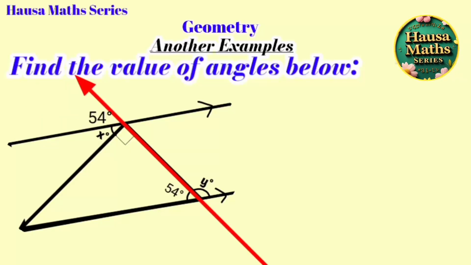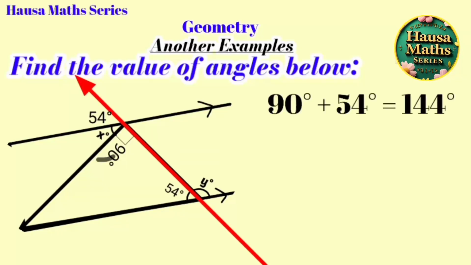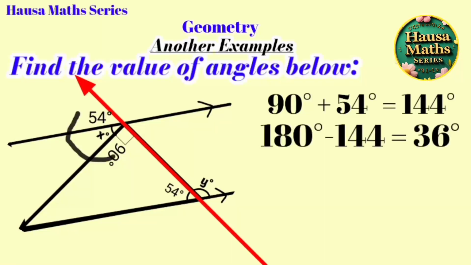So we must take a look. This sign is a sign of a right angle, means it's 90 degrees. Therefore there we have 54 and 90 degrees. When we add them, it will give us 144.